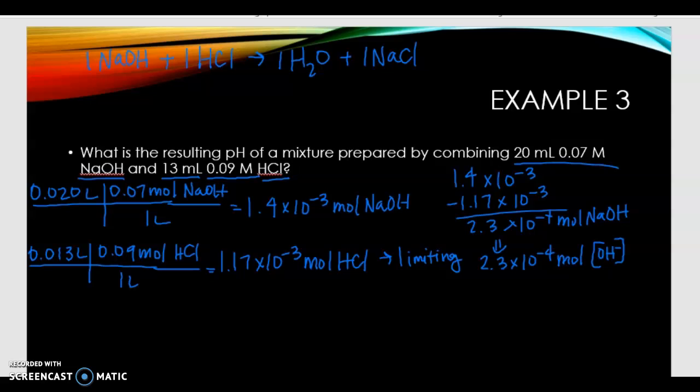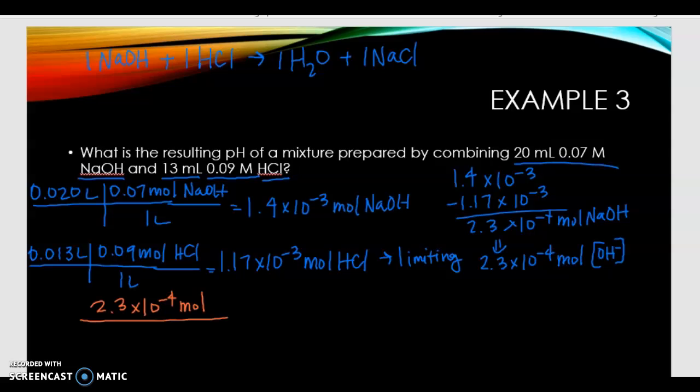So if we set up a conversion table, we would find that there are 2.3 times 10 to the negative 4 moles in there of the hydroxide. So we would find the concentration of hydroxide by putting it into our molarity equation. So let me change colors. We've got 2.3 times 10 to the negative 4 moles over our total volume.